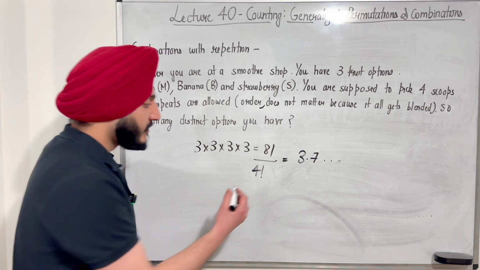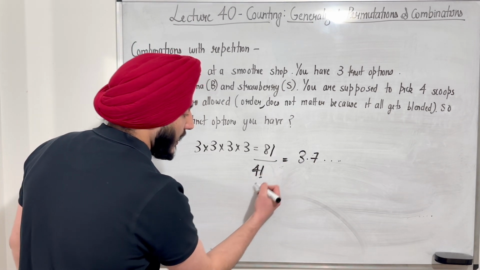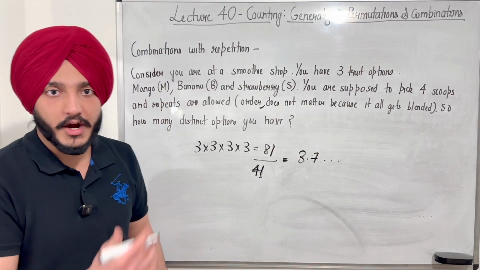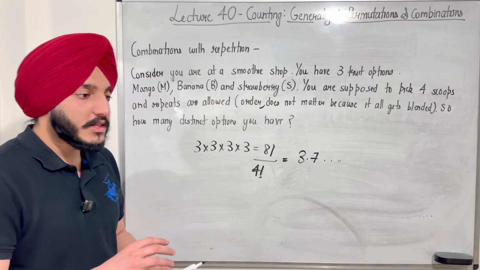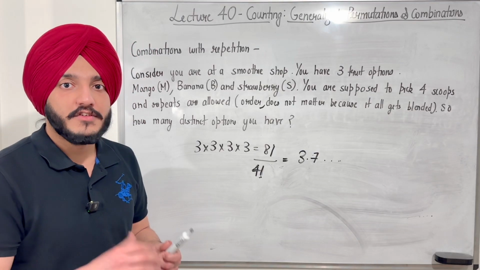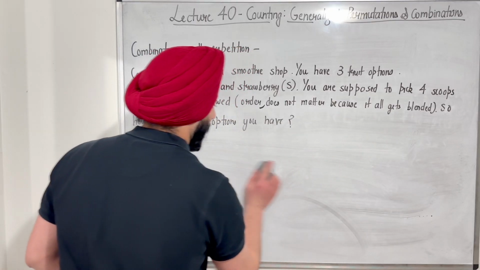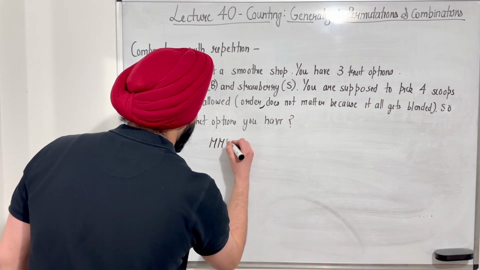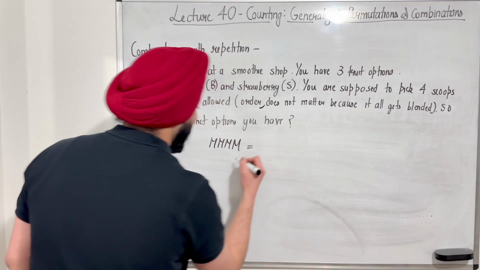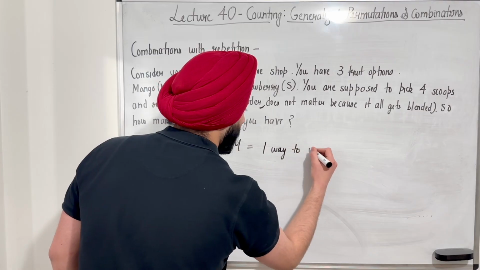The problem is that this formula, 81 divided by 4 factorial, and anything divided by r factorial, where r is the number of options you're choosing, works when you have distinct elements. In our case, think about this: if you have M, M, M, M, there's only one way to arrange it.